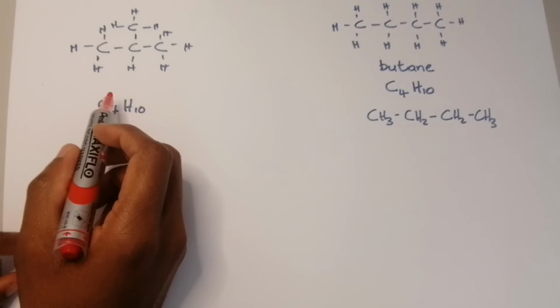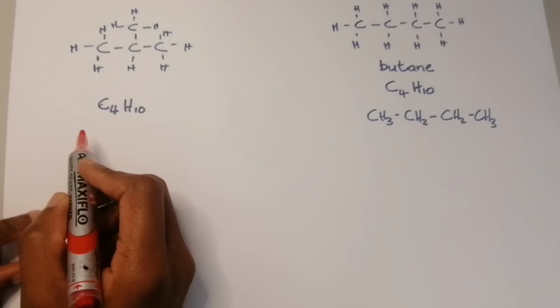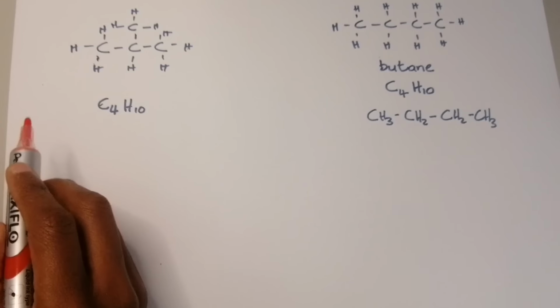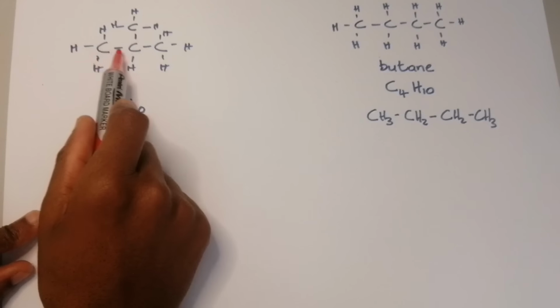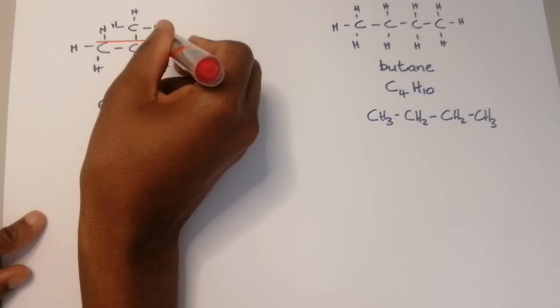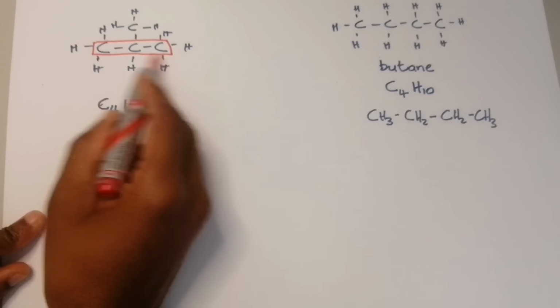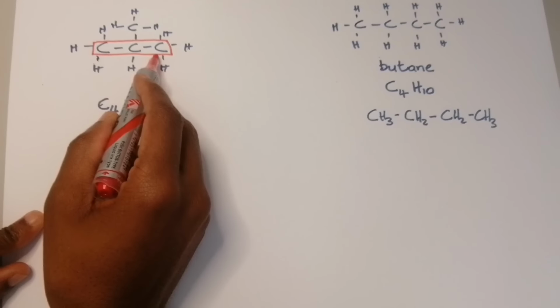So if I look at this, first, what do I need to do? I need to identify the longest chain first. So which one is my longest chain? This one is my longest chain, it's 3. Sometimes they refer to it as the parent chain. So my parent chain is 3, and I want you to note this.